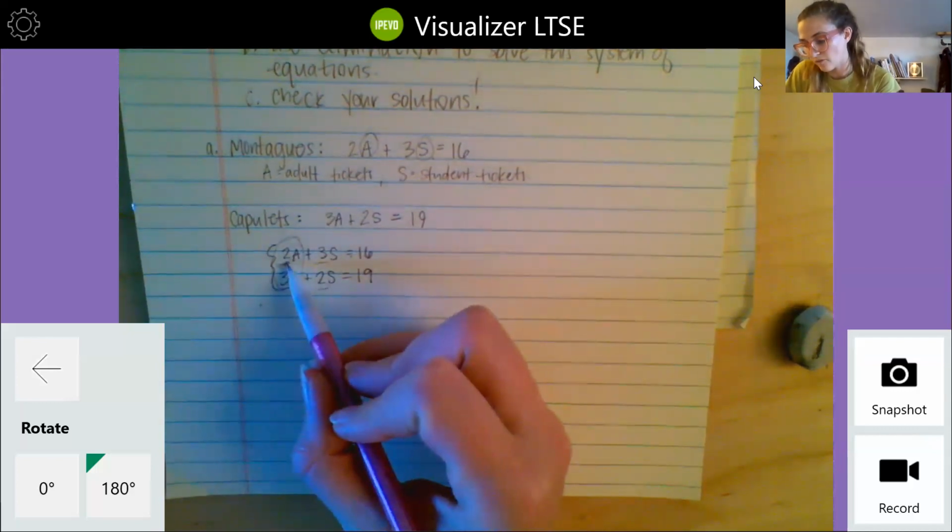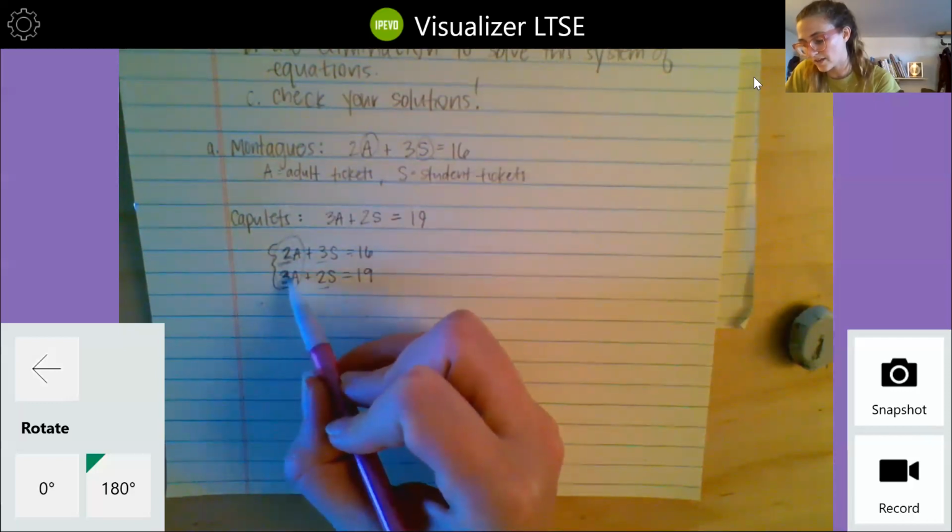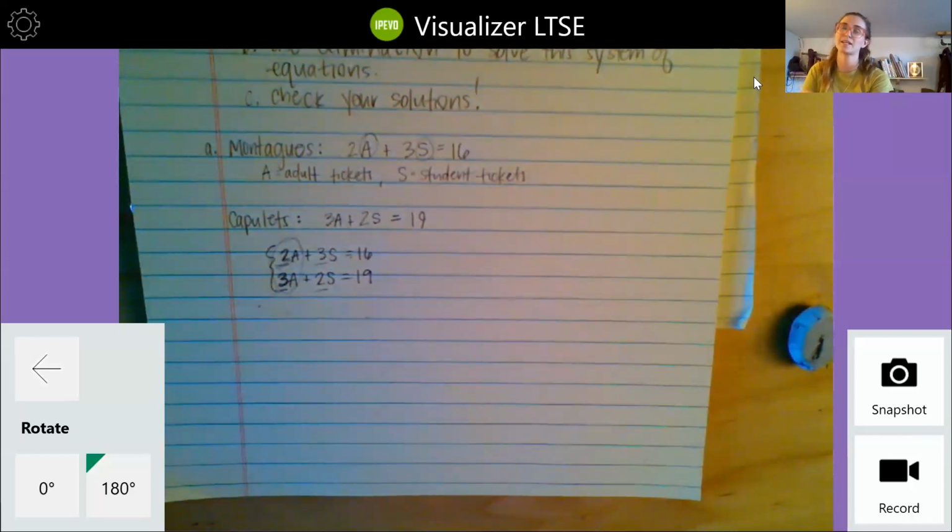So if the coefficient of this one is 2 and the coefficient of this is 3, I need to first think about what could I multiply by both of those numbers so that the product, the answer, would be the same, or would be the additive inverse. Have a think about that for a second. You can pause the video. We'll come back and discuss.